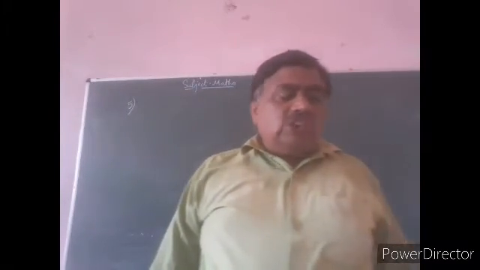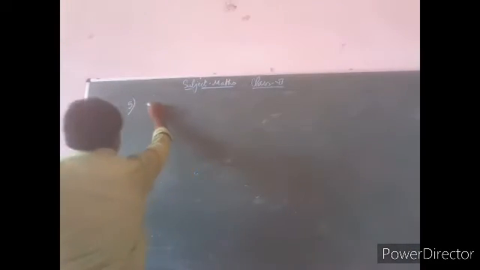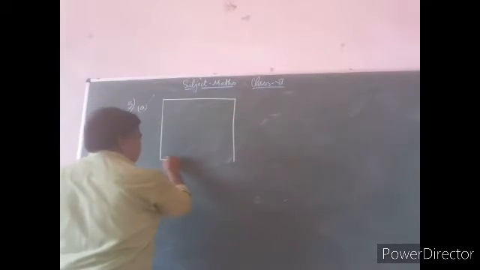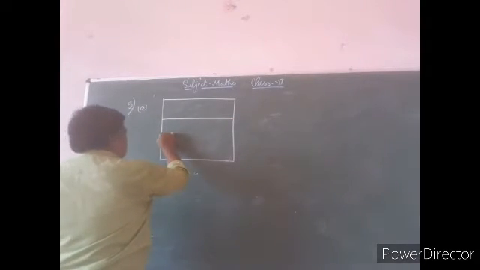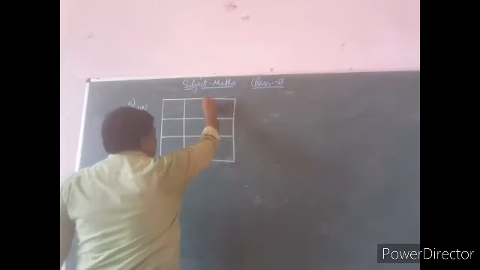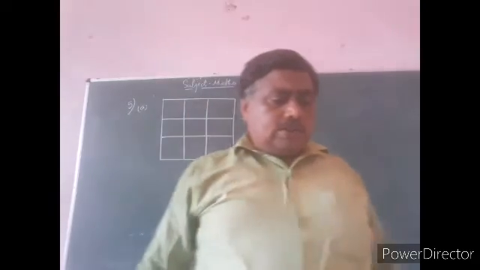Complete the addition subtraction box. So here one box, that is one square, is divided into 9 parts.